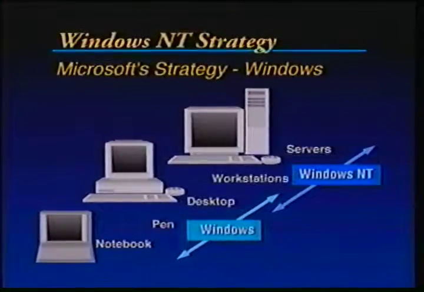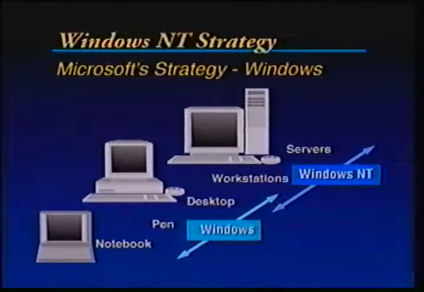If we look at this picture, we can see that there are several versions of Windows available for several different types of systems. If I were to try to define a basic strategy of Microsoft, it would be to have Windows everywhere, from the smallest handheld computer right up to the largest servers you can find. And this picture shows that.